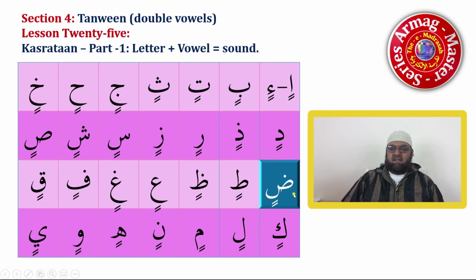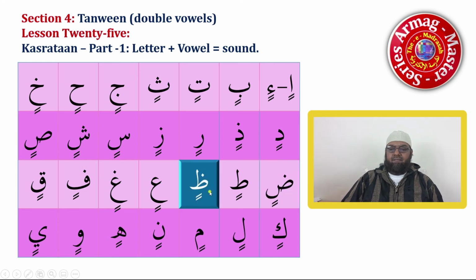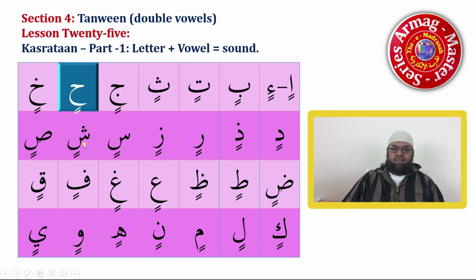The next letter is dha, and dha with kasratan gives us dhin. The next letter is ha, and ha with kasratan gives us hin.